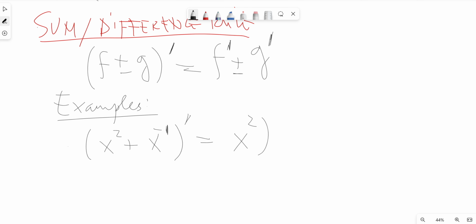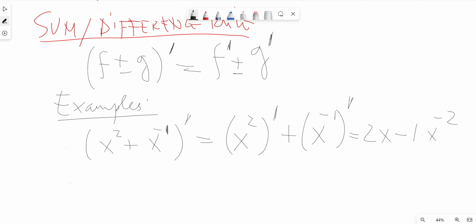Pretty much I get the derivative of the first one plus the derivative of the next one. To get each derivative, I just need the power rule. So the first one gives me 2x to the power 2 minus 1, so 1, so 2 times x. And the next one gives me negative 1 times x to the power negative 1 minus 1, negative 2. I'm done at this point.